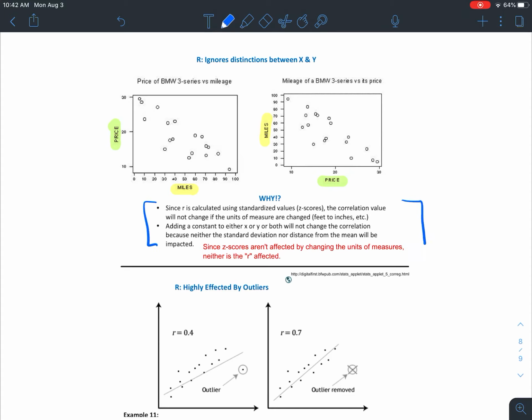Okay, and this is in part because the R is calculated using the z-scores of both the X and Y variables, and the z-scores are not affected by changing the units.